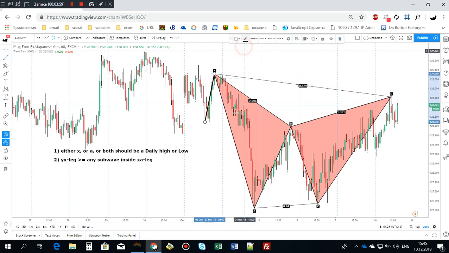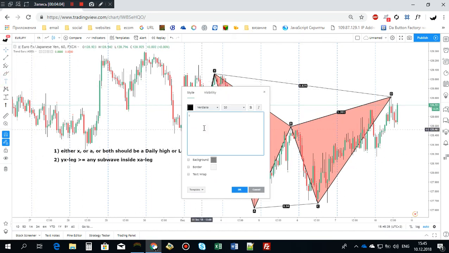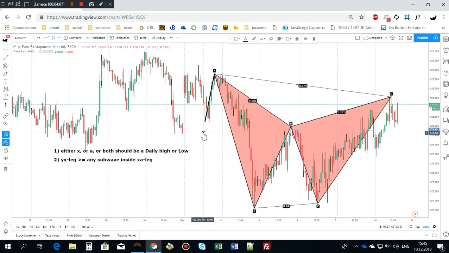Let it be black, some neutral color, and let me label it Y. Okay, so this is a YX movement, YX leg, and you can see we have some subwaves inside of the XA leg. Yes, subwaves are minor waves inside of a greater wave. So we have subwaves here, and the YX leg is greater than any of them. Visually, this makes the XA leg look straight.